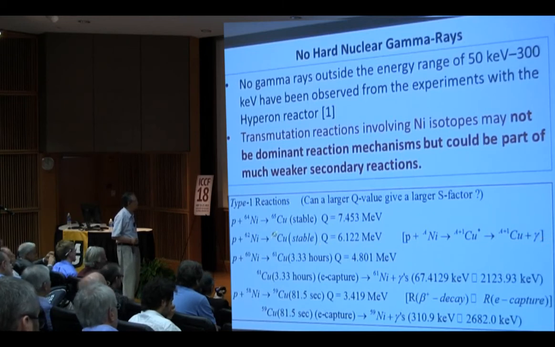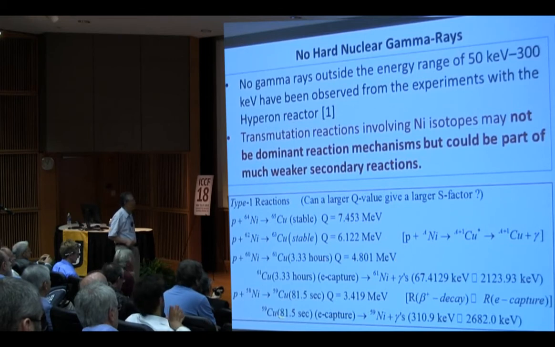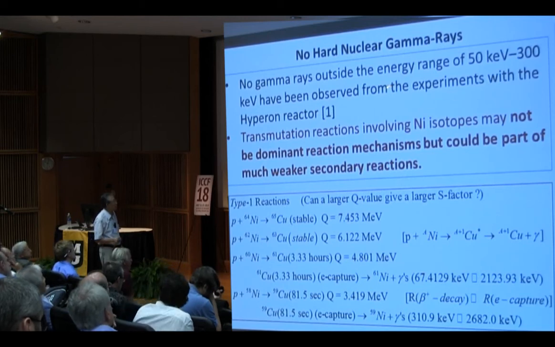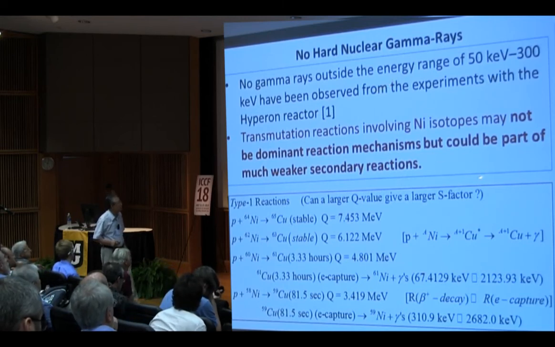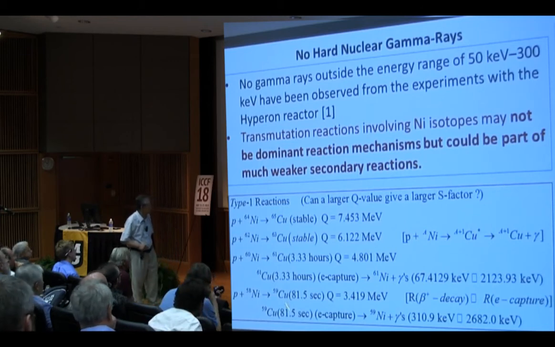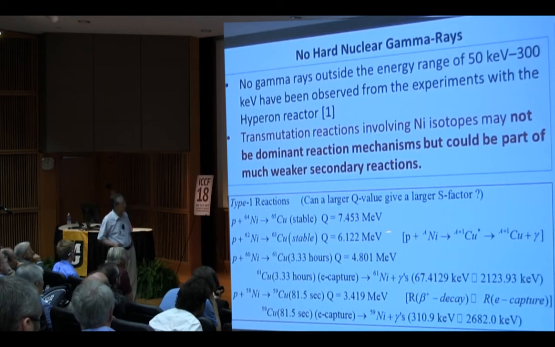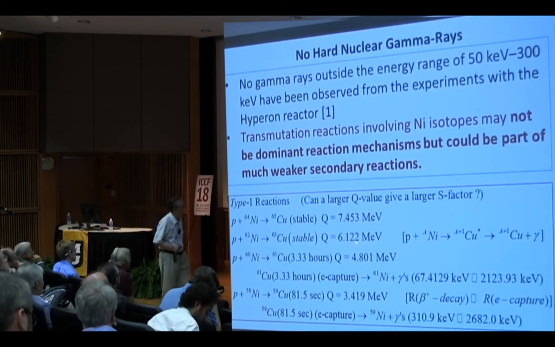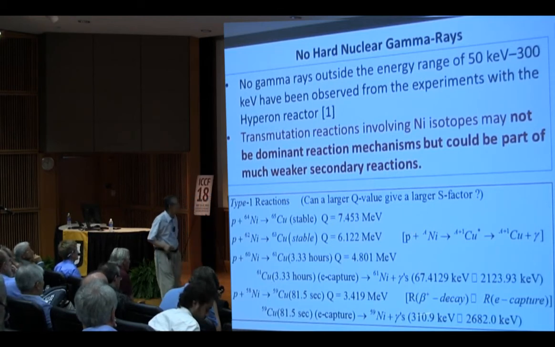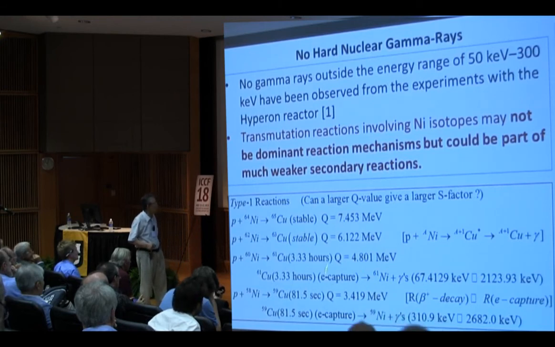So all of these reactions, except these two, will create hard gamma rays, and that's inconsistent with the experimental observation. So we would say that this type of reaction may not be a primary reaction, but a much weaker secondary reaction. You may observe this as isotope ratios and so on, but it cannot be a major process of creating sufficient heat.